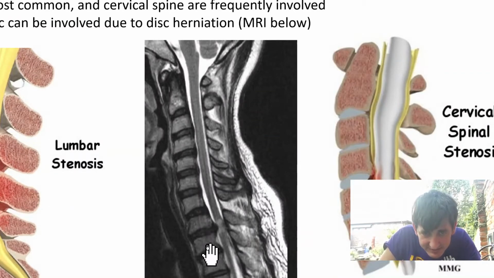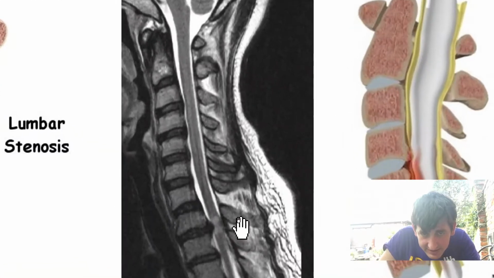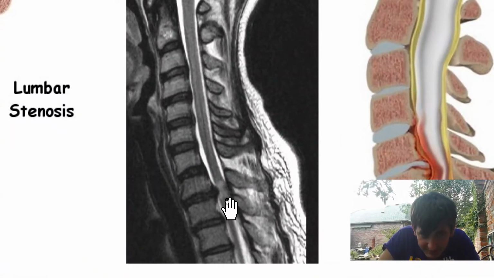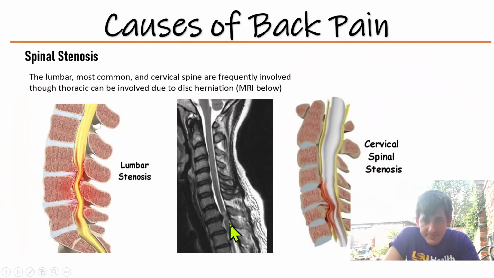This is a T1, T2 disc herniation, and we can see the spinal cord has some altered signal there as well. It's brighter. This is a herniation of the nucleus pulposus through the annulus fibrosus, if y'all remember from the prior video. But this is lumbar stenosis, this is cervical stenosis, and here's thoracic stenosis.